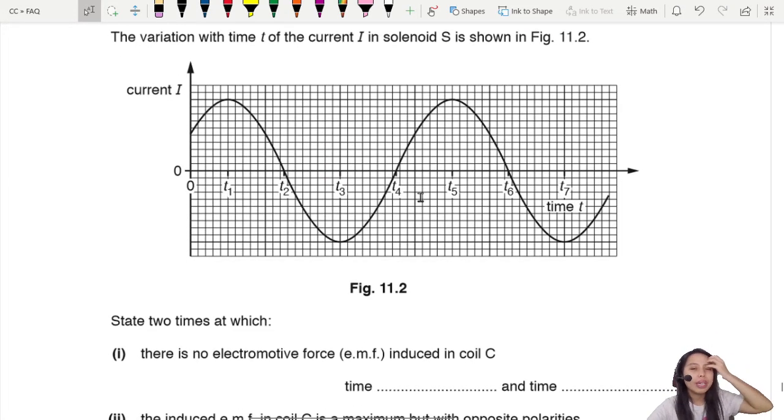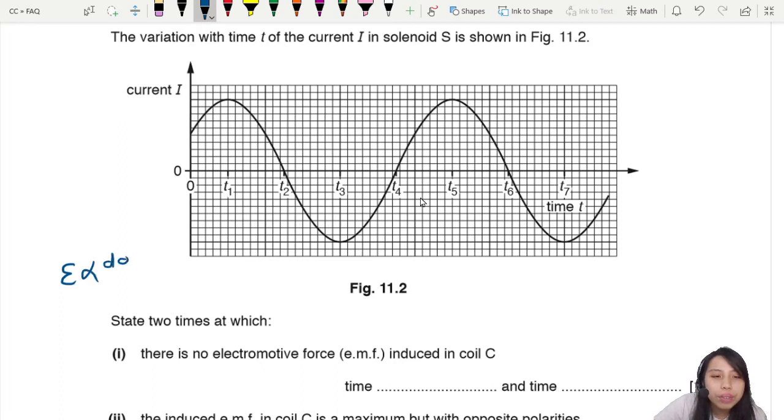So when is there going to be electromotive force? Let's think back about our Faraday's law. Faraday's law tells us that the induced EMF is proportional to the rate of change of flux. And we don't have a graph of flux, but we do have a graph of current. So who generated this current? Or what does this current do?